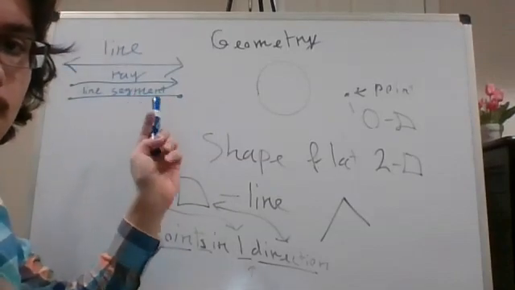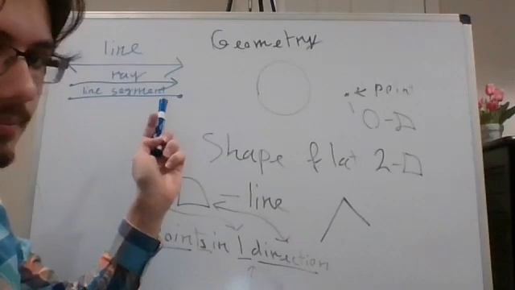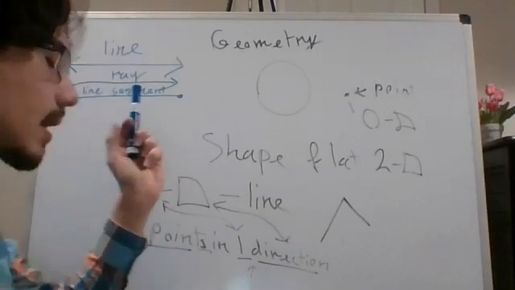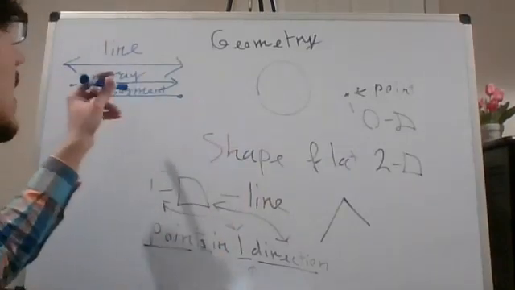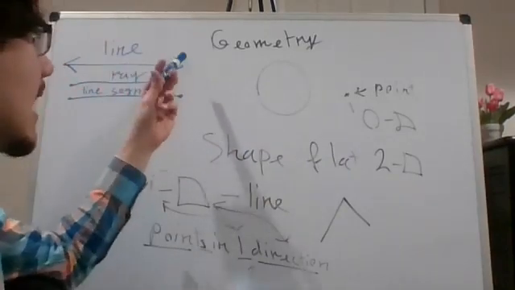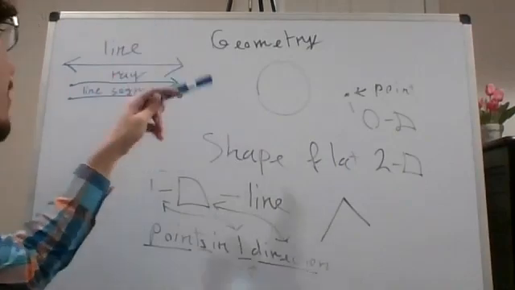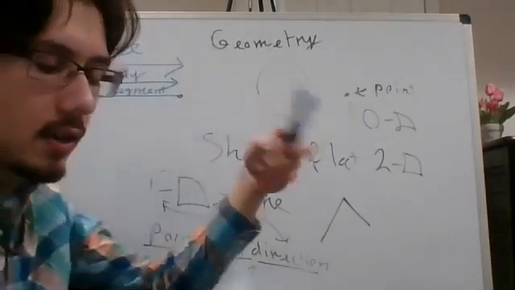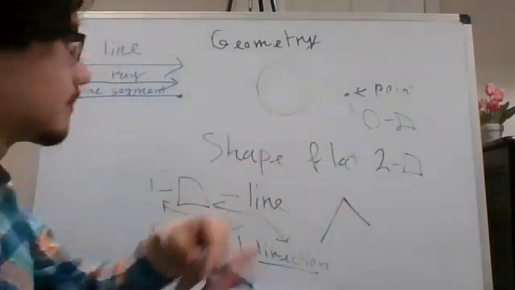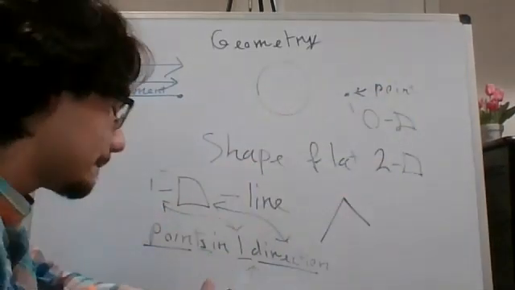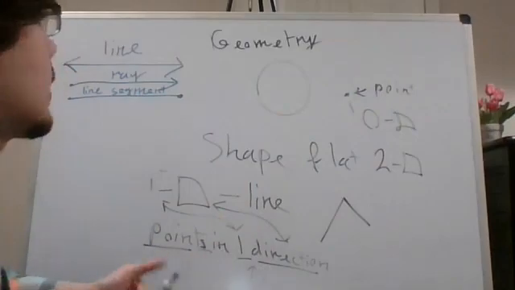Sir, they go in different directions. Kinda. The point is that some of them have arrows and some of them have dots on their ends, correct? Yes, sir. Okay, good. So that's what we're getting at.